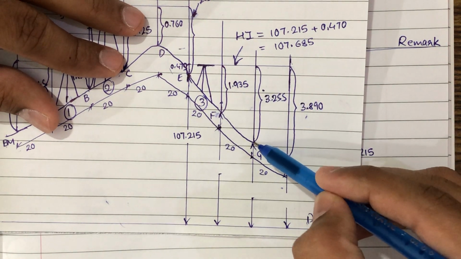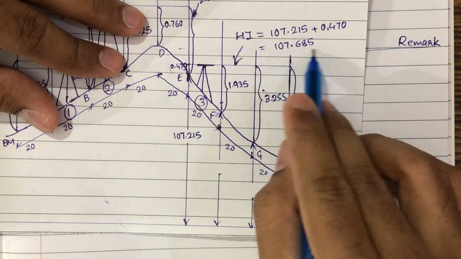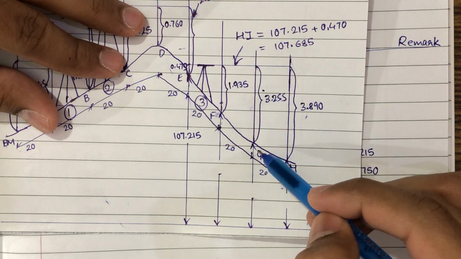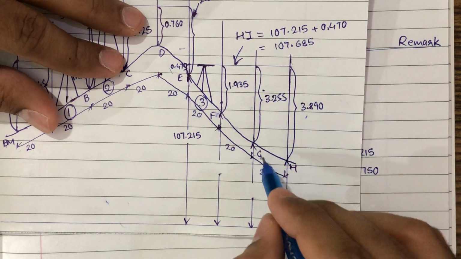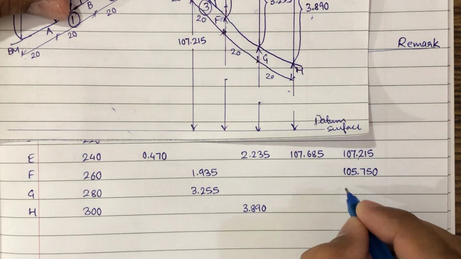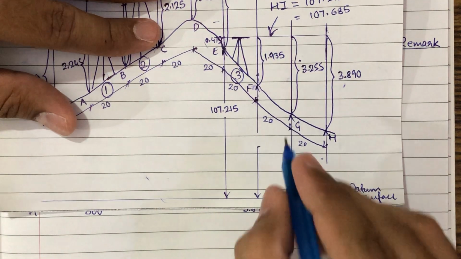Next, we need to find the RL at G. So RL at G will be total HI, that is 107.685, minus 3.255. That value comes out to 104.430.